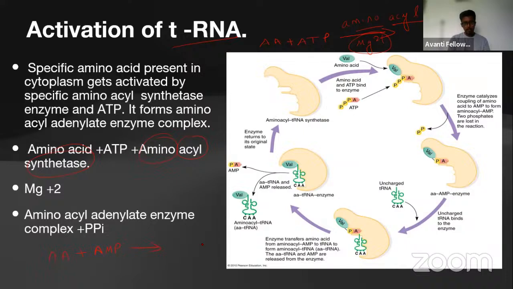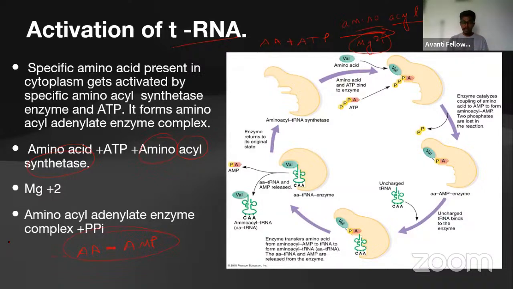Amino acid plus AMP will form. I will not write plus, I will write it as amino acid-AMP will be formed. So this complex is formed with the enzyme amino acyl synthetase.